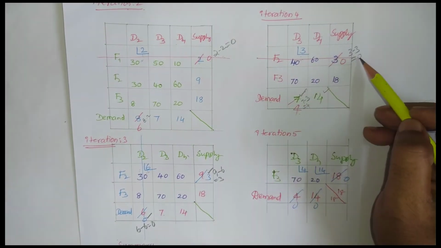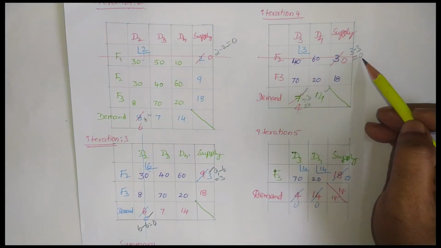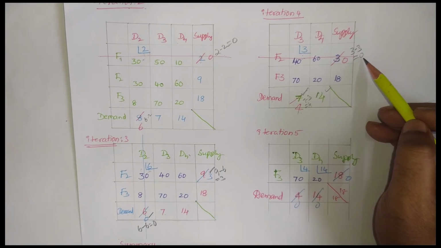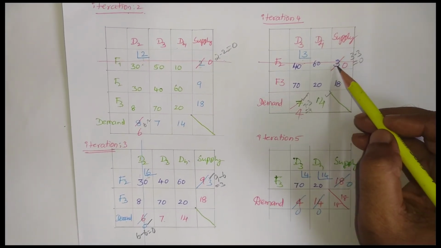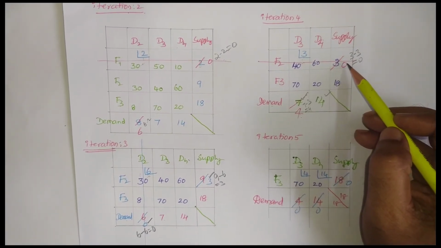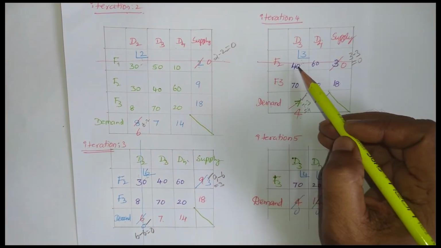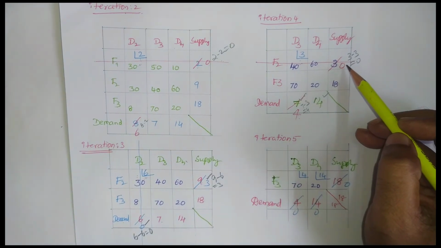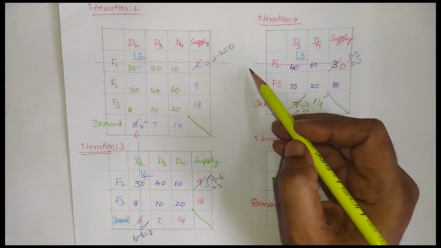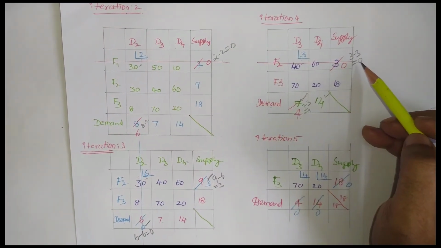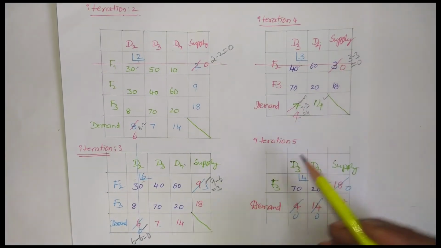This row is exhausted because there is no supply from factory F2, so this row is deleted for the next iteration.